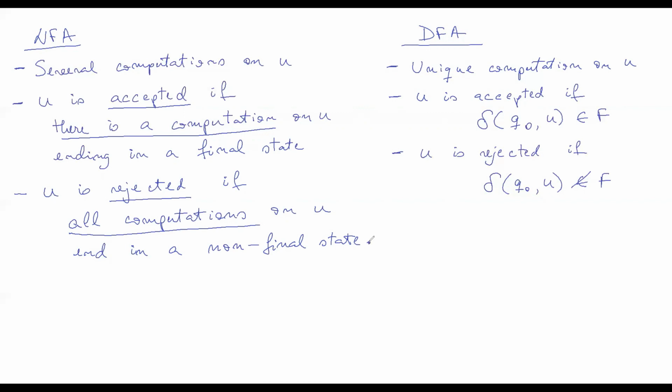And if you like, the main conceptual difficulty with non-deterministic finite automata is really in this part of the definition: to check whether a word is rejected or accepted, you might have to check all possible computations in the case it's rejected, or you might have to check really quite many computations until you find one that's accepted. You don't really know which one to check, and in fact you have to check all of them.